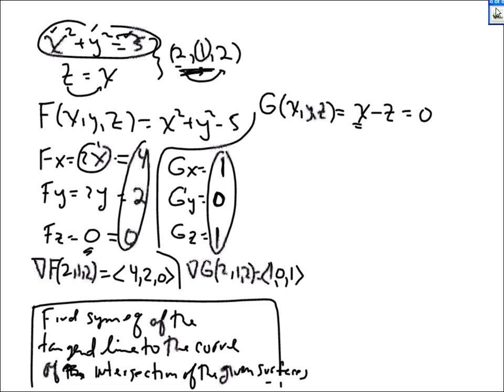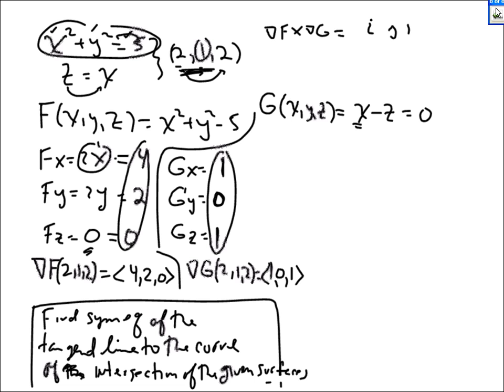Okay. So what we want to do is, it's a good problem. I guess what we want to do first is find the cross product. We want to find gradient F cross gradient G.